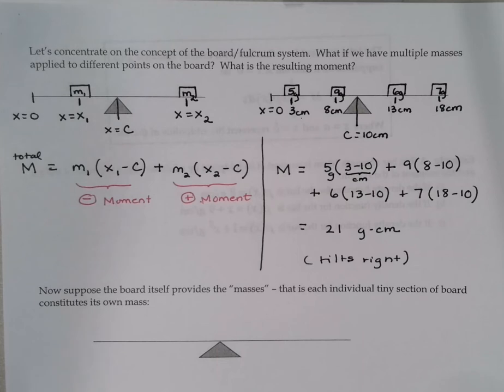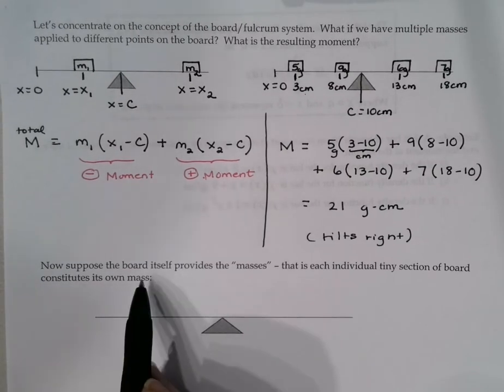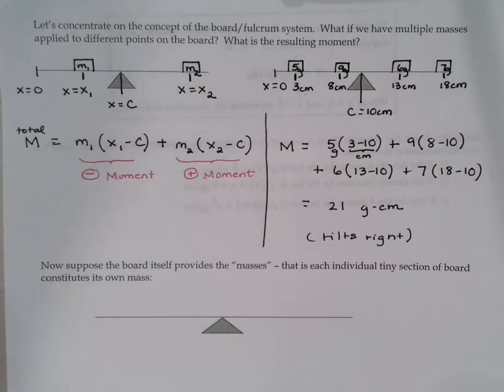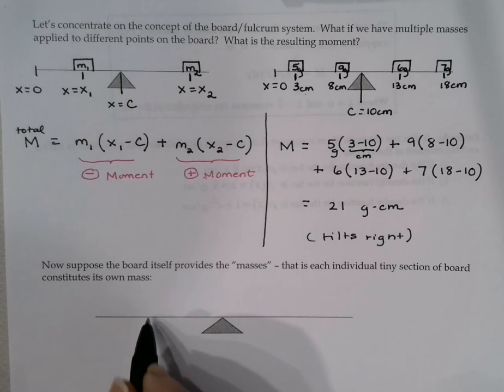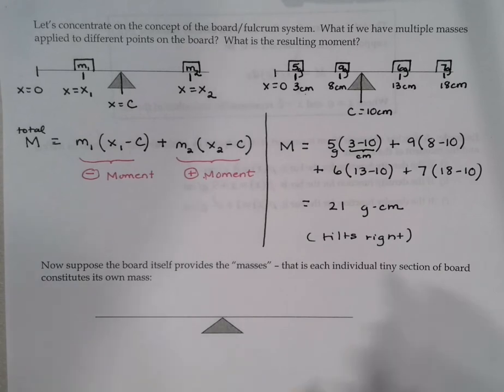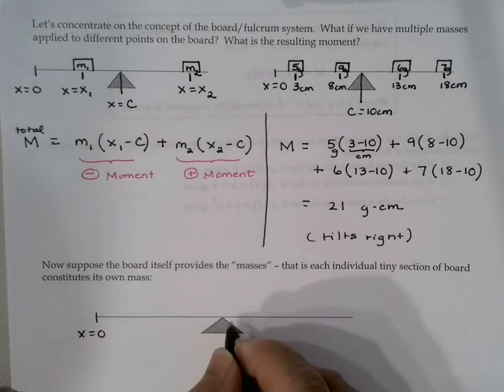All right, let's generalize this a little bit now. Let's suppose for a moment that instead of placing individual masses on the board, the board itself actually provides the masses. That is, each little section of board has a mass of its own, and each tiny section then contributes and constitutes its own mass. Here's my x equals 0.